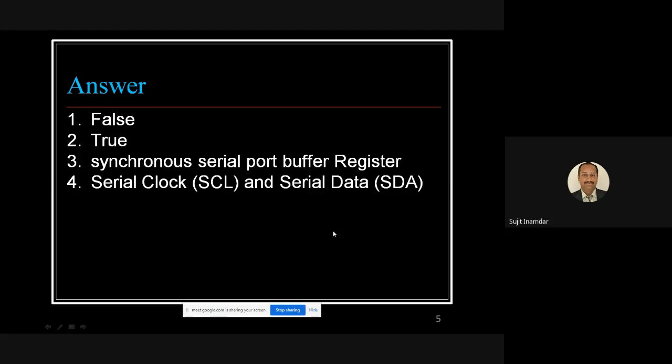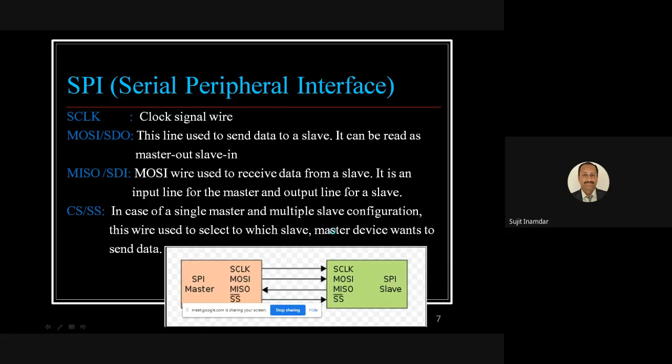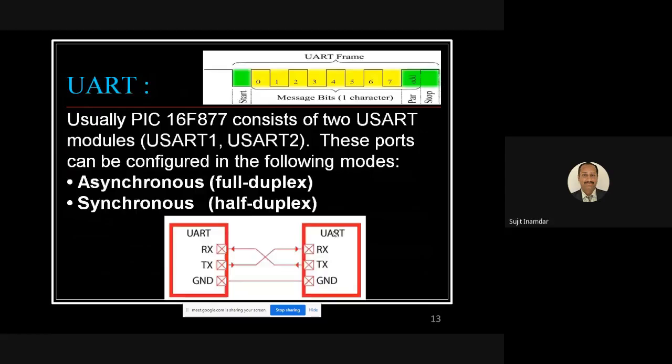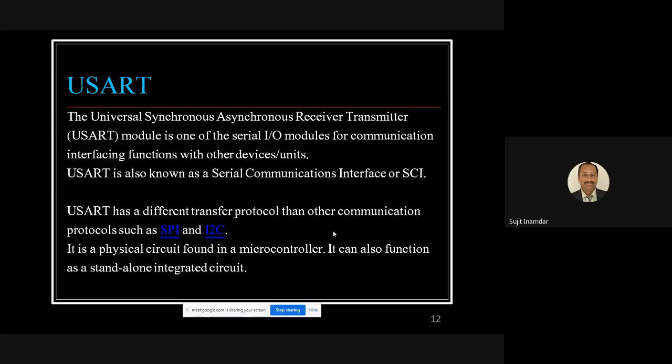So let us move towards the next one, that is the USART. Yesterday we just went through that. This is a different transfer protocol than the other communication protocols such as SPI and I2C. Every communication needs a protocol. So what is this protocol? That also we should know.